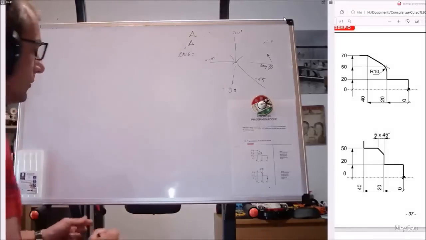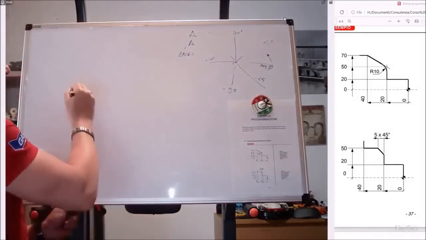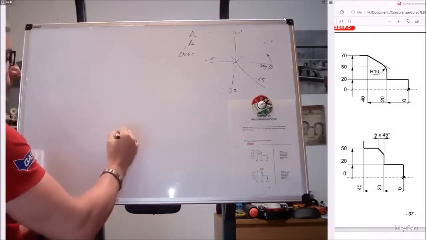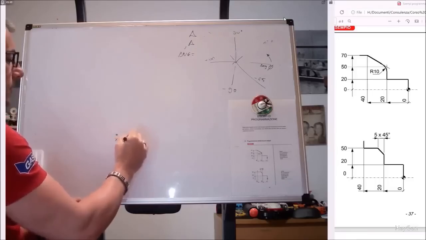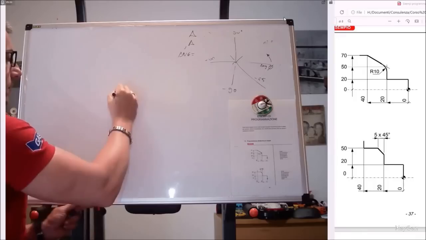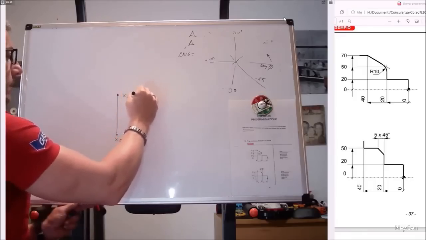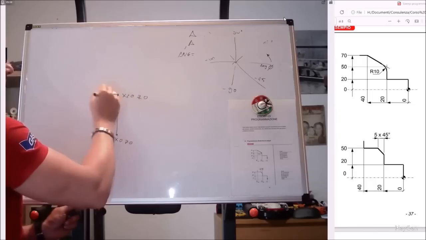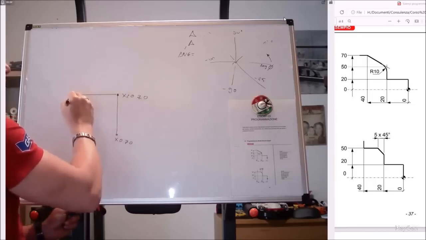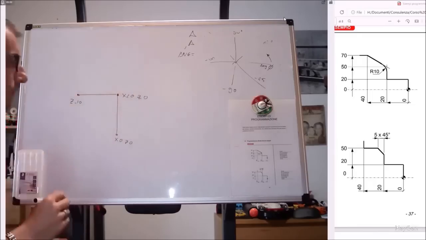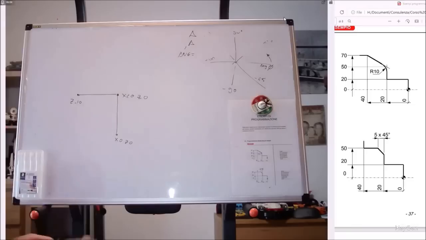The same applies in a small example: let's say we have to go from x0, z0, to x20, z0, z10. Here is a profile with a perfect corner.